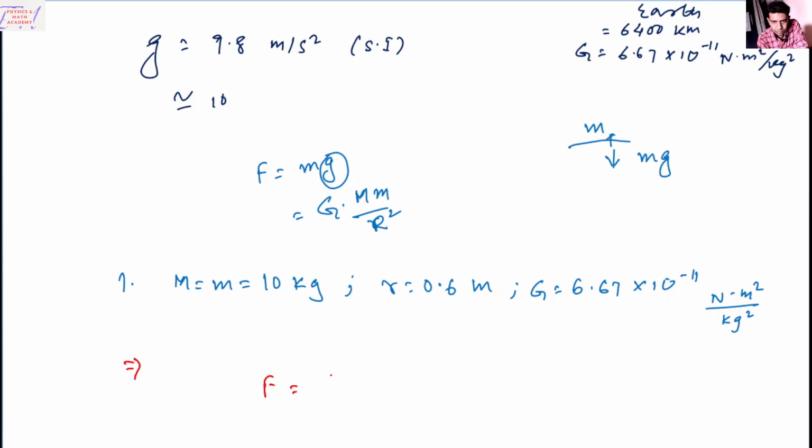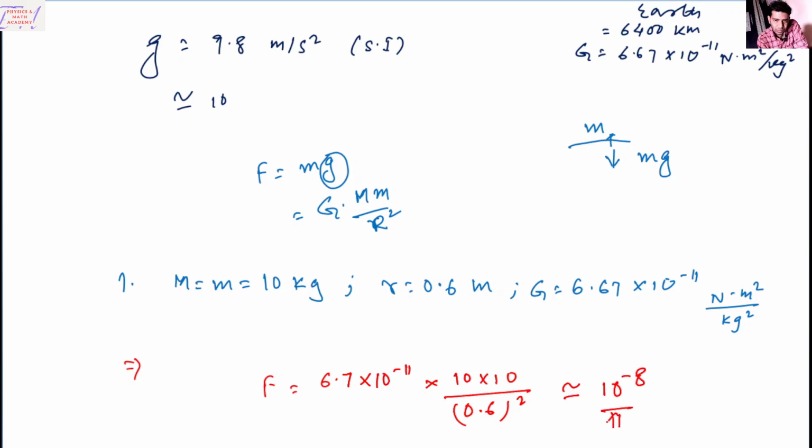Let's calculate it. 6.67 into 10, for simplicity you can take it as 6.7 into 10 to the power minus 11, and put the values of M and m, and 0.6 square. If you calculate this, you get the order of 10 to the power minus 8.